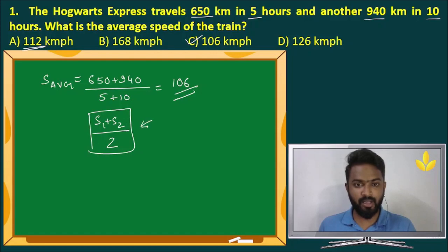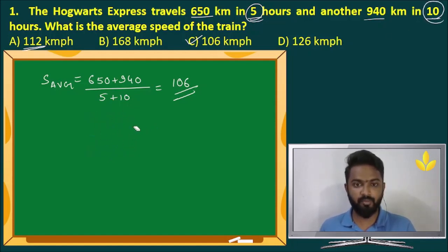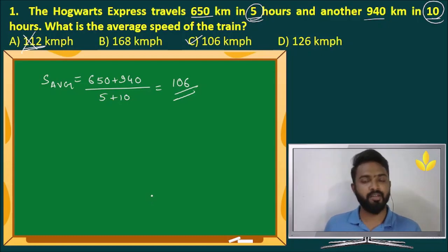Remember, this formula can be used if and only if the time taken for both the journeys is the same. But here it clearly is not the same. In the first leg it is 5 hours, in the second leg it is 10 hours. That is why this formula cannot be used. Hence A is the wrong answer, C is the correct answer. Alright, let this be a lesson. Let's continue.